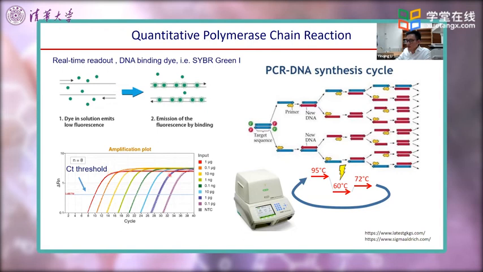And the more input we start with, the earlier this fluorescent signal will pass a preset threshold. And the lower the input, the later it will pass this preset threshold. And so we'll keep track of the cycle at which the fluorescence signal passes the threshold, and we call this cycle number a CT value.